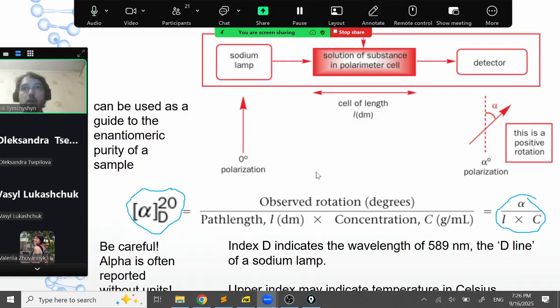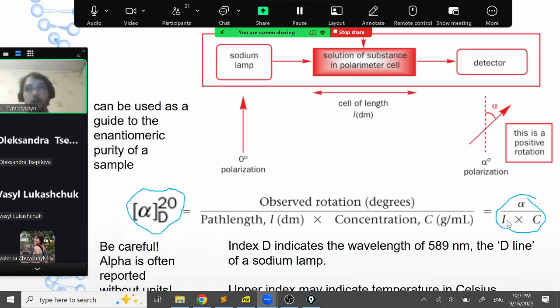So if we know that the angle depends linearly on the length, it's a really wise thing to divide by the length and obtain some new parameter that is now independent of the length of the tube. Now if you measure with a 1 decimeter tube and I measure with a 2 decimeter tube, but we compare not the absolute angle of rotation but this new parameter that contains division by the length, we should have the same numbers.